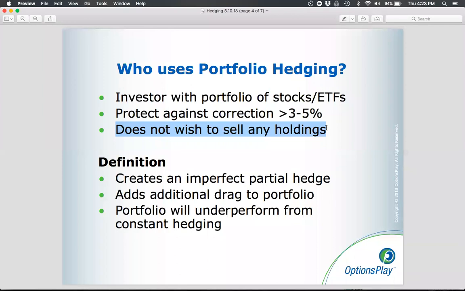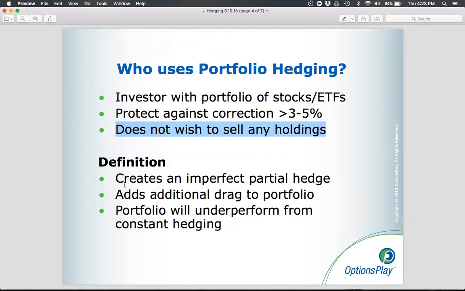What I mean by that is if you don't mind selling your stock, right, then that's a much better hedge. Simply selling your stock, putting into cash, and then buying it back when you feel the markets are corrected. That's a much more efficient hedge, but if you don't want to sell your stocks, this is really where you want to use a portfolio hedge.